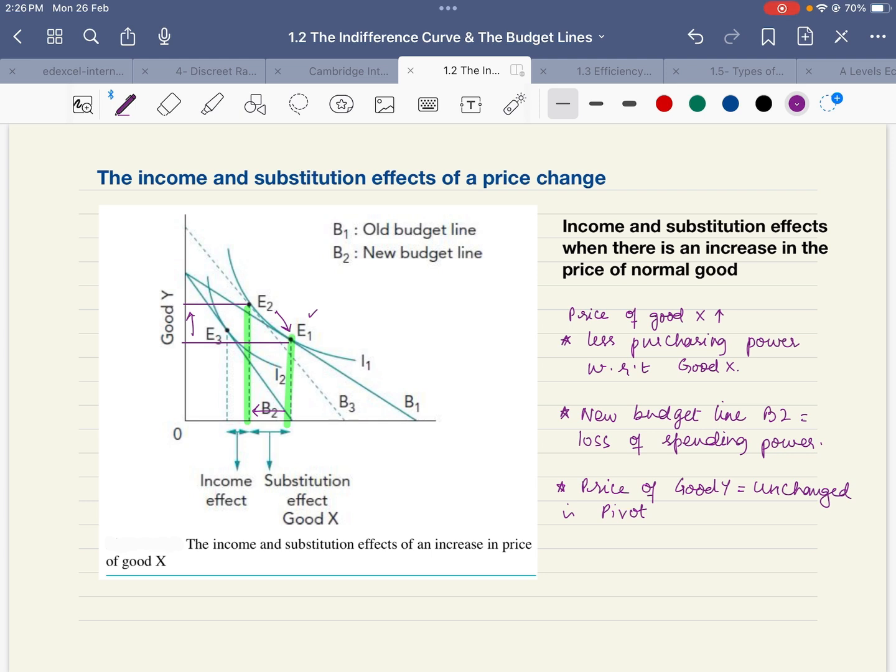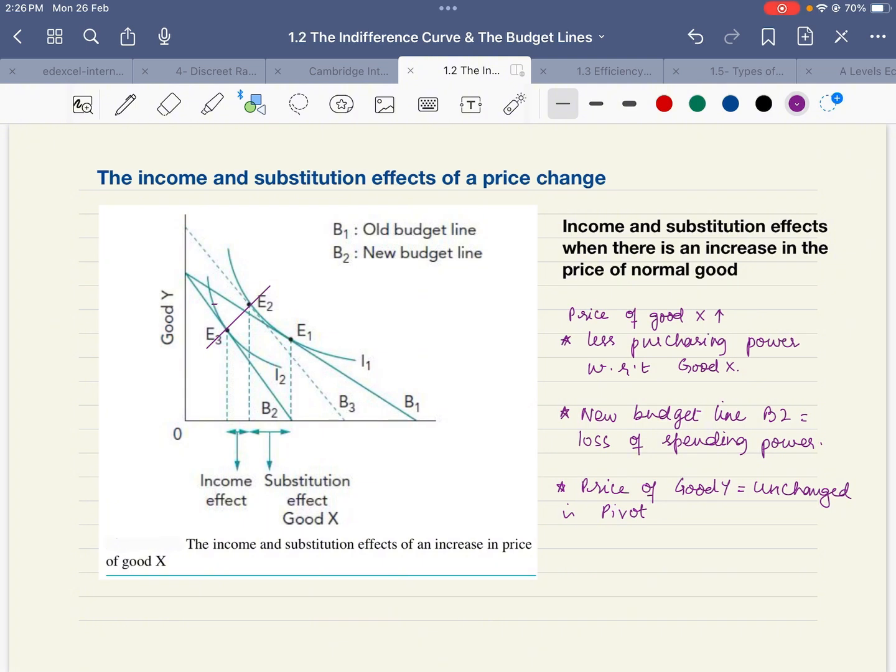It's called the substitution effect because the consumer buys less of good X as it's now more expensive relative to good Y. Then there's another movement, which is the shift downwards to a lower indifference curve, which is I2. There has been a movement from E2 to E3, this one.